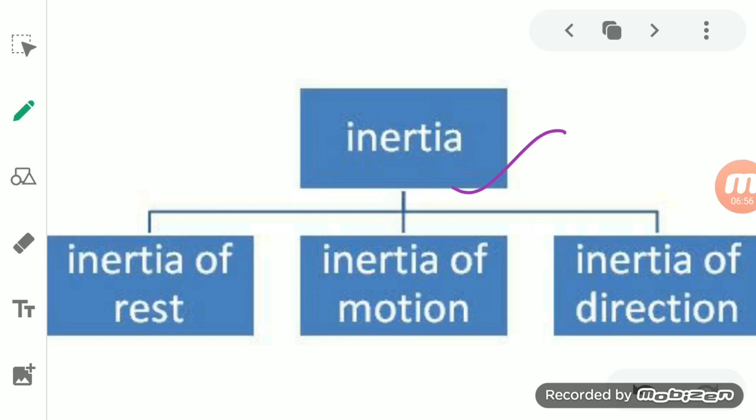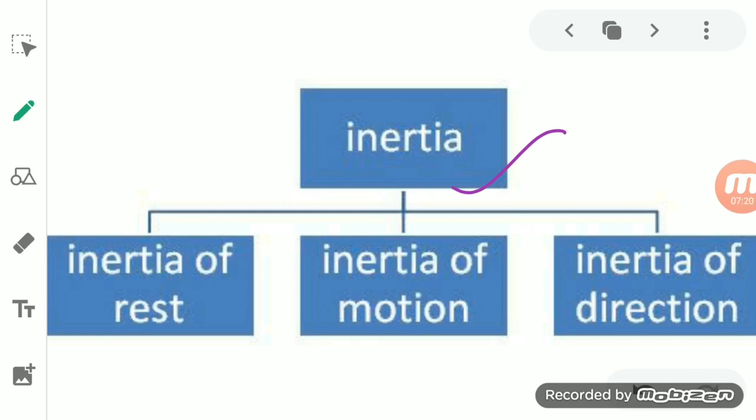We can define inertia as a property of a body due to which it resists a change in its state of rest or of uniform motion. It tries not to change its state. That is inertia.